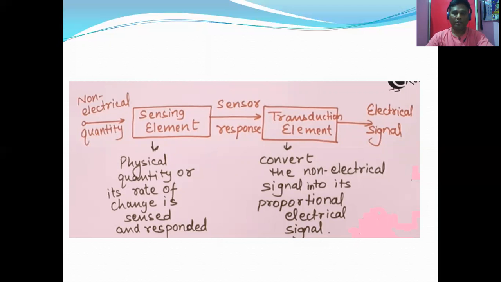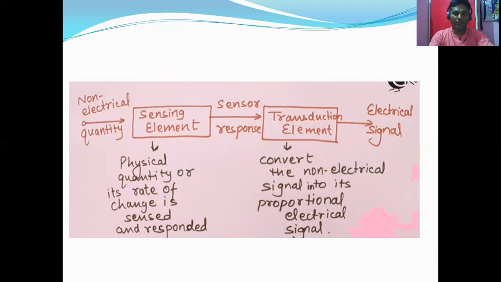Okay, the sensing signal is converted from a non-electrical signal into an electrical signal. So what is the final output of the transduction element? It is the electrical signal. That is the output of the result. So we give the input of a non-electrical quantity, then we get the electrical quantity as the result.